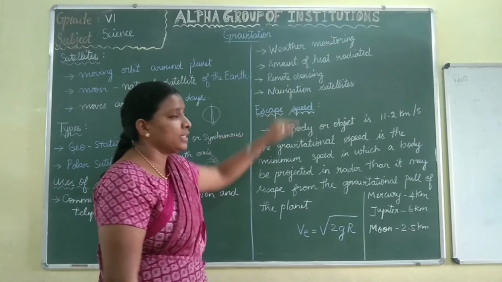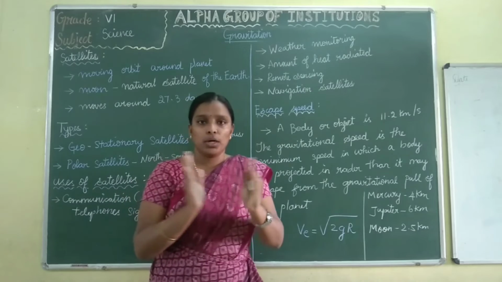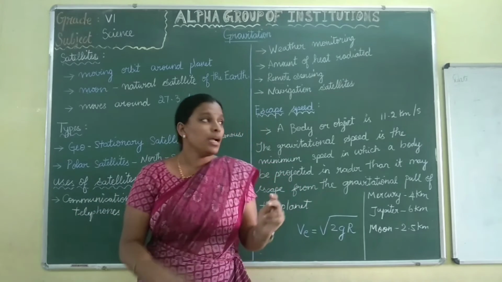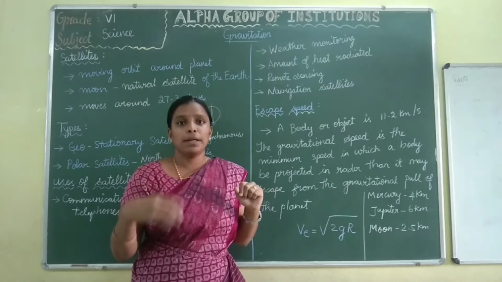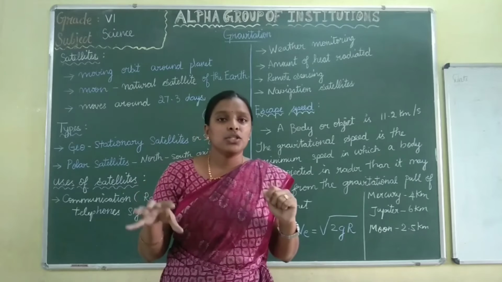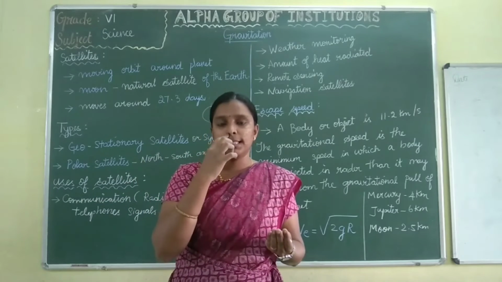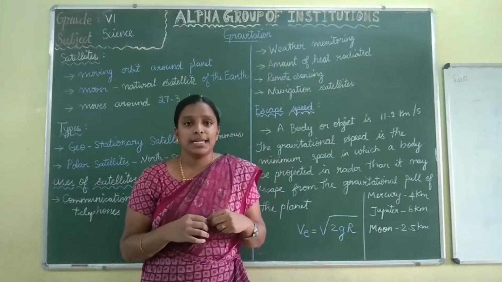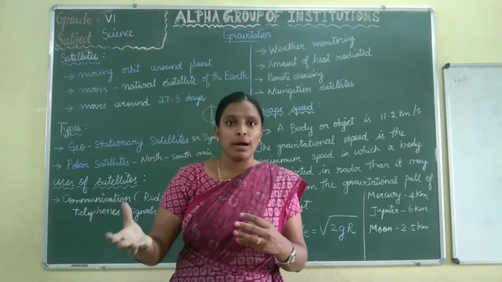Then the navigation satellite. Navigation means movement: how to move, what should be done, what place it should be shifted to. Everything is done in navigation. For example, if you are traveling on a ship in the marine, and something is going to happen in the sea, that will be notified by the navigation satellite.